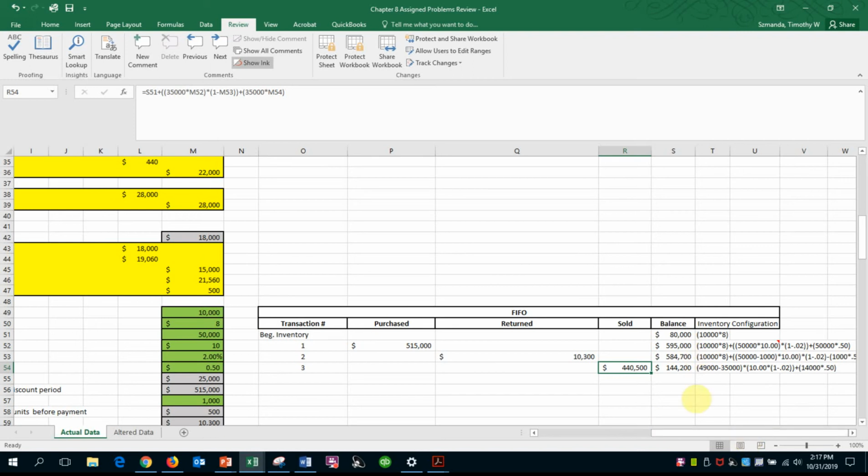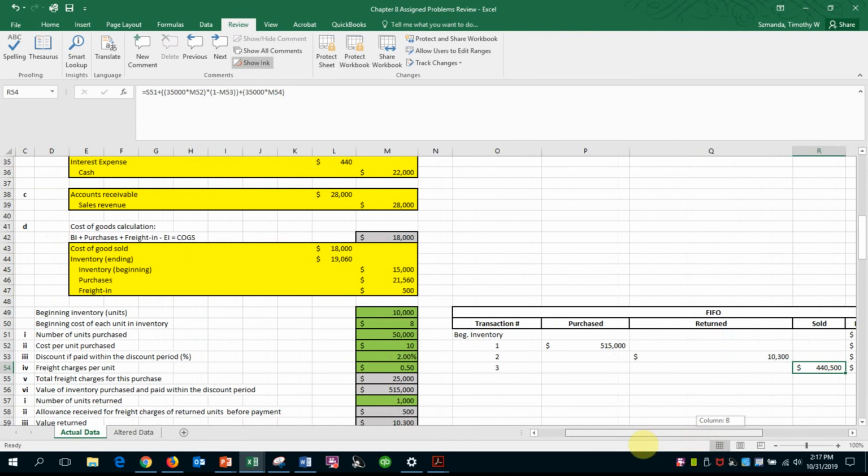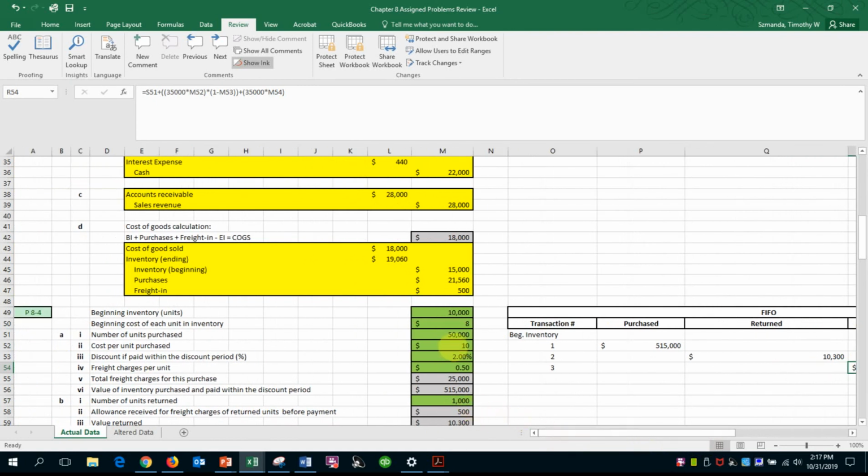So that $440,500 then consists of 80,000, that's 10,000 units times $8, plus an additional 35,000 units, and that 35,000 units is going to be costed at the $10 cost per unit amount. So we'll have 35,000 units at $10 a unit.